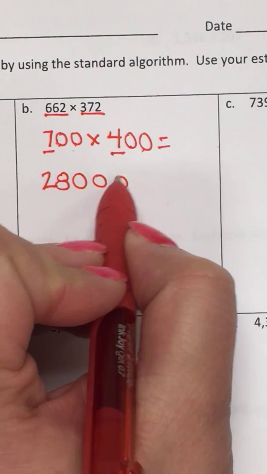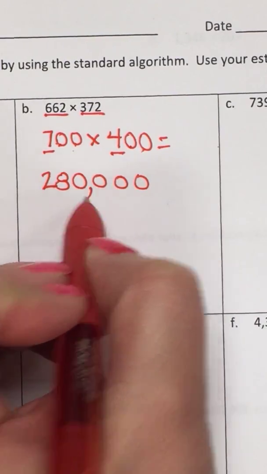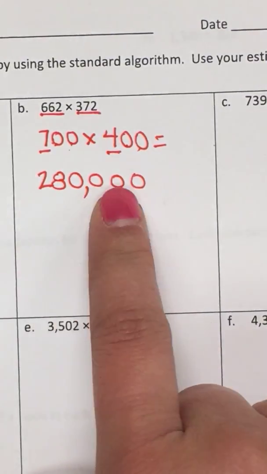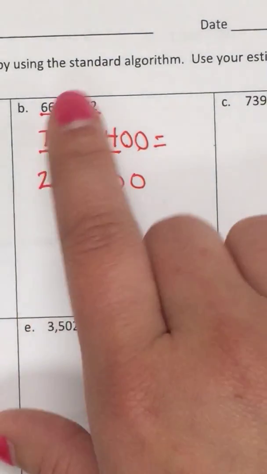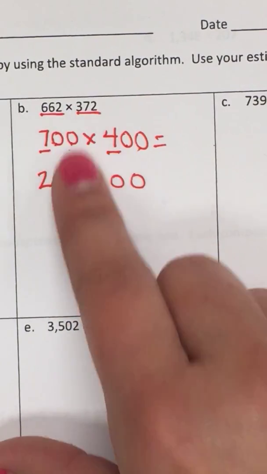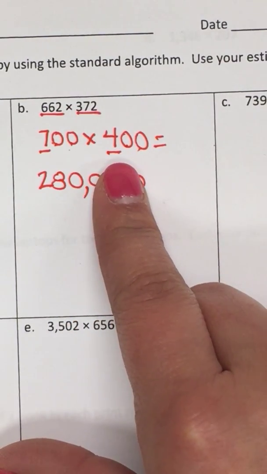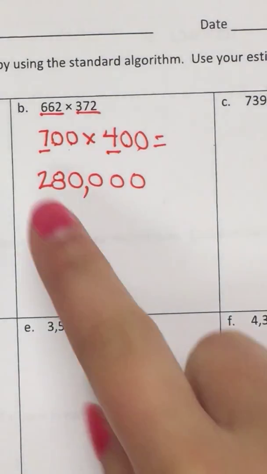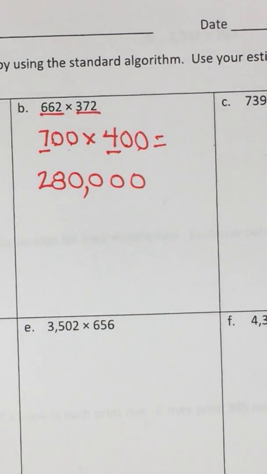So when I do this multiplication, my estimate is 280,000. Now, I notice both of these numbers rounded up to the hundreds place. So when I get my answer, I would hope that my answer is something right about 280,000. But if it's correct, it should be slightly less than that because both of these numbers rounded up.